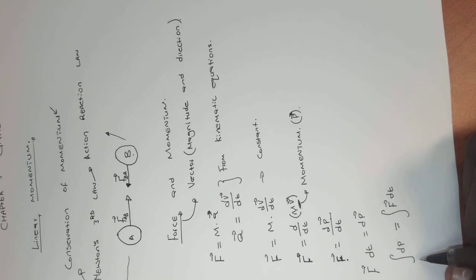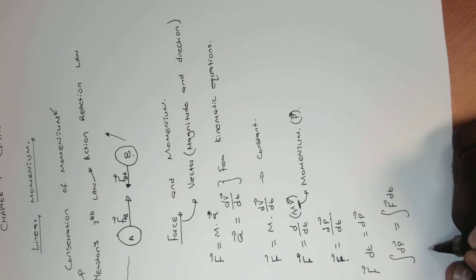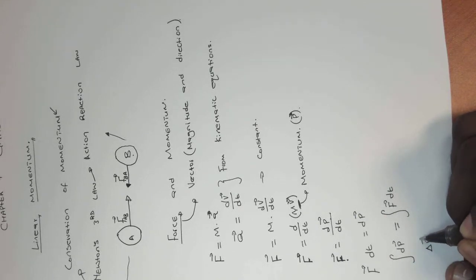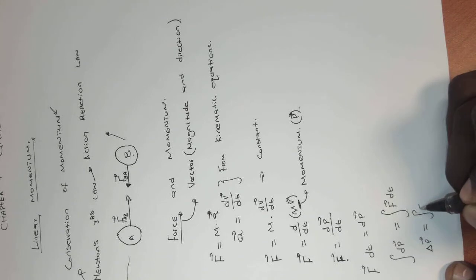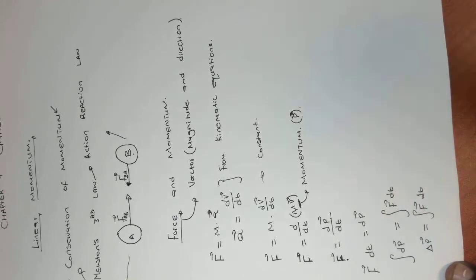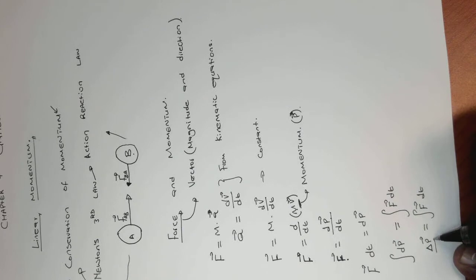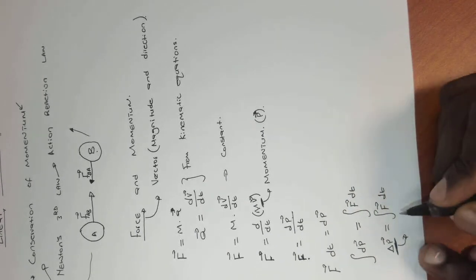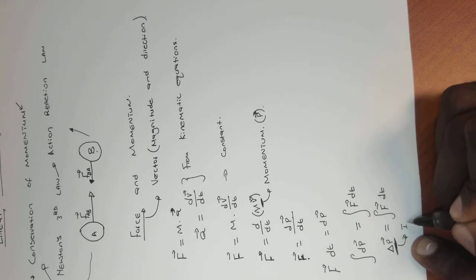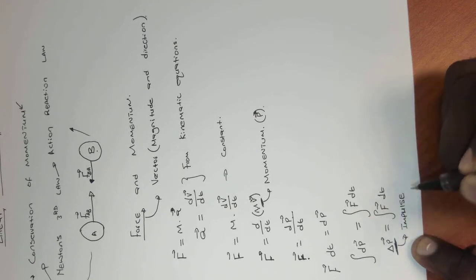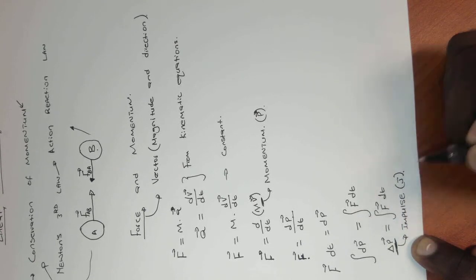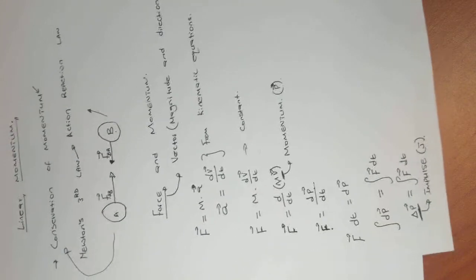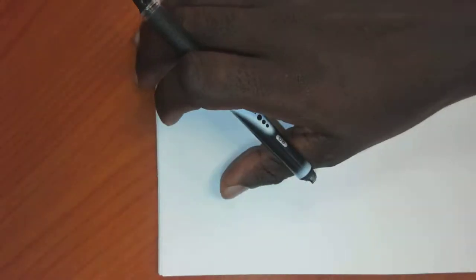If you are integrating dp, in this case you will have the change in p, equal to the integral of F dt. This change in p is known as an impulse, and it will be given the letter J. So let me rewrite it.